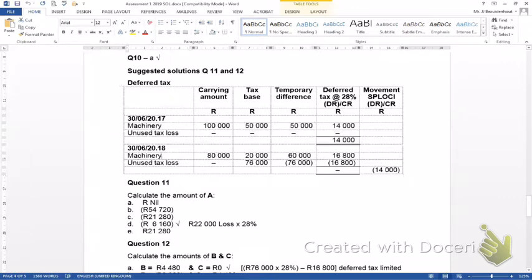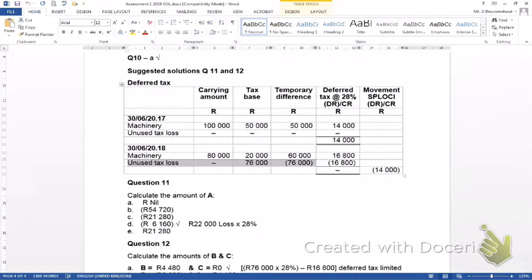Then you get to 2018 and your deferred tax is 16,800. Now in this case, that is your credit balance at the end of 30 June 2018. Now your unused tax loss is 76,000. And the question stated clearly that this company is making losses.